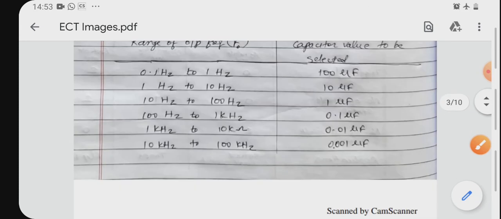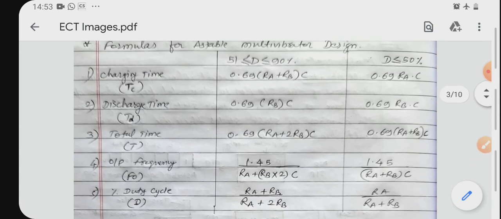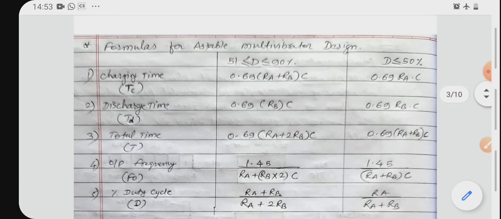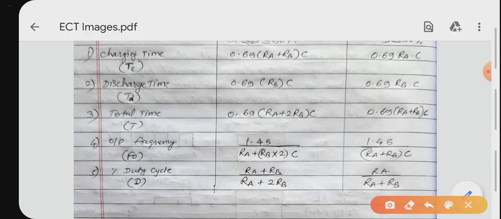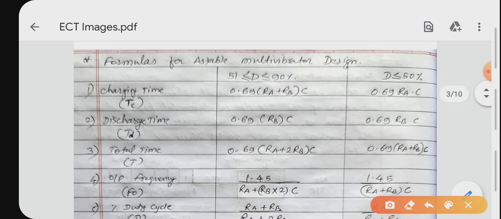So here in this table, you have to keep in mind the formulas for astable multivibrator. Here you can see 5 formulas. Charging time TC, as we have calculated, is 0.69 (RA plus RB) into C. We have divided into two categories: duty cycle between 51 to 90%, and duty cycle less than or equal to 50%.